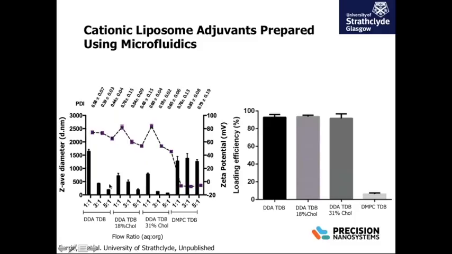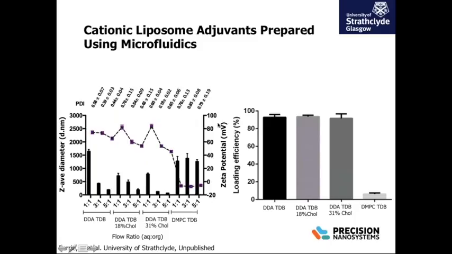And they varied the size by varying the flow ratio parameters in the microfluidic instrument, the NanoAssemblr instrument. And then they compared what kind of different sizes they could prepare. And they also compared this to a control particle that only consisted of a neutral lipid together with a DDP.